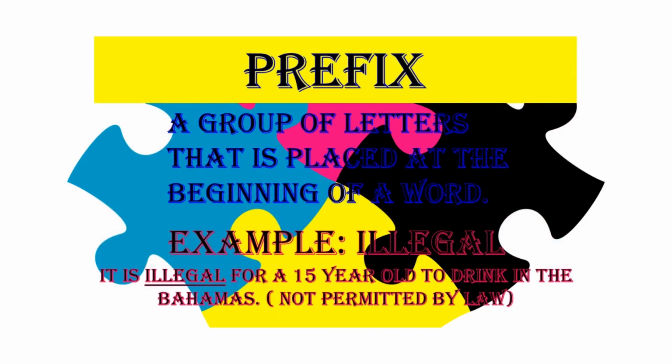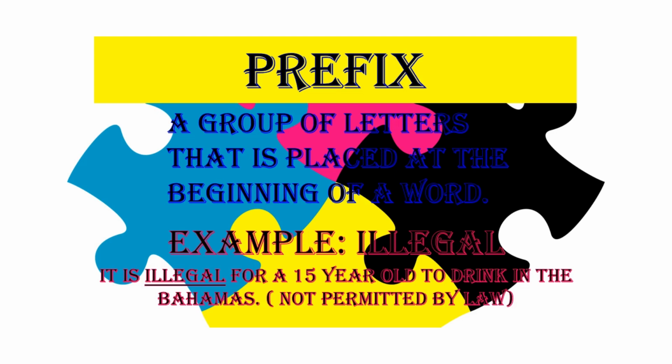A prefix is a group of letters that is placed at the beginning of a word. Let's look at our example. Illegal. And IL is the prefix that would have been placed in front of our root word legal. And let's look now at the sentence. It is illegal for a 15-year-old to drink in the Bahamas.